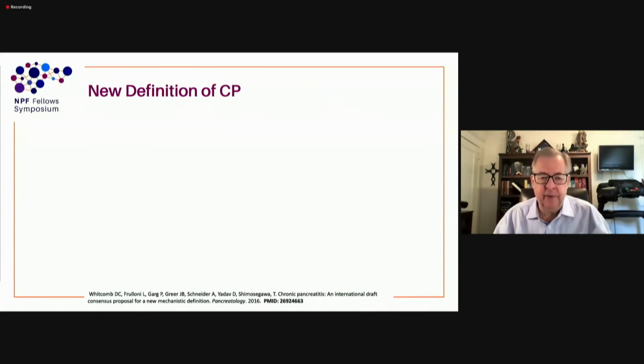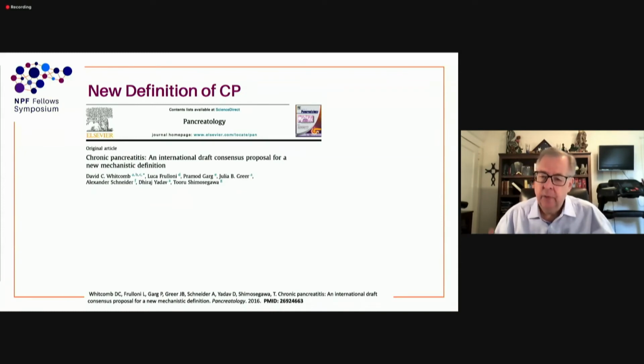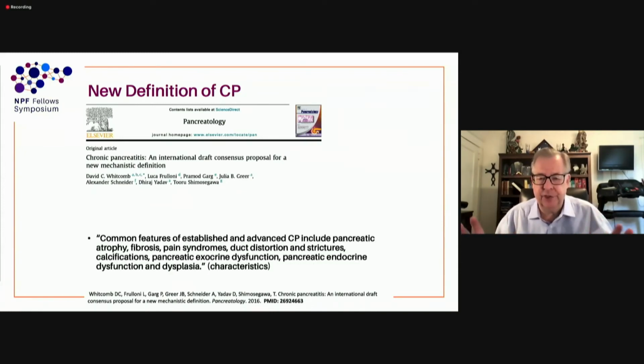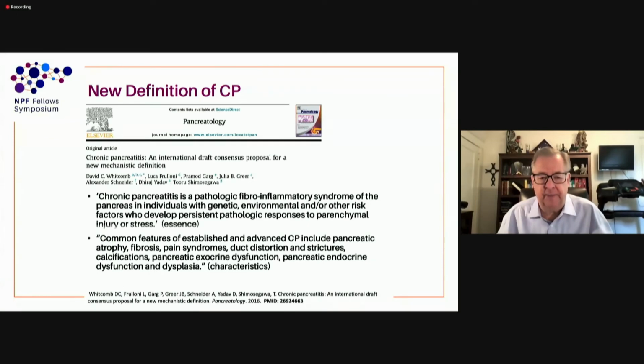We put together this paper from an international group of experts, and we realized a good definition needs two components. The first is the common features, the characteristics, which is fibrosis, pain, strictures, calcifications, etc. But we also added the essence of chronic pancreatitis.